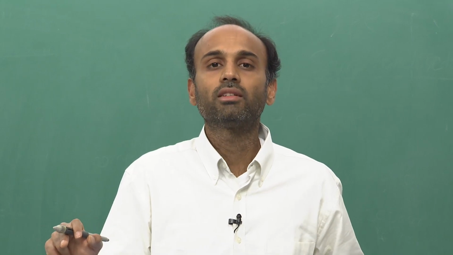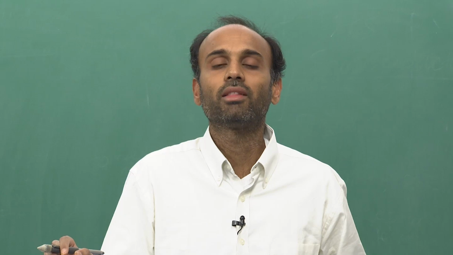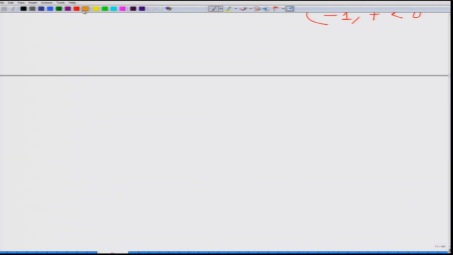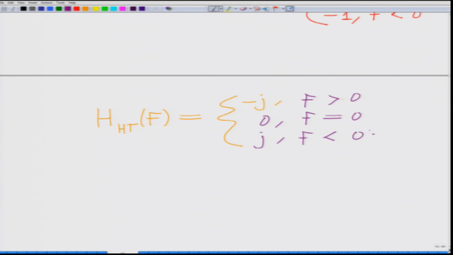And the spectrum of the Hilbert transform is basically minus j sine f, which means, using the definition of sine f above, H hat of f equals minus j for f greater than 0, 0 for f equal to 0, and j for f less than 0.